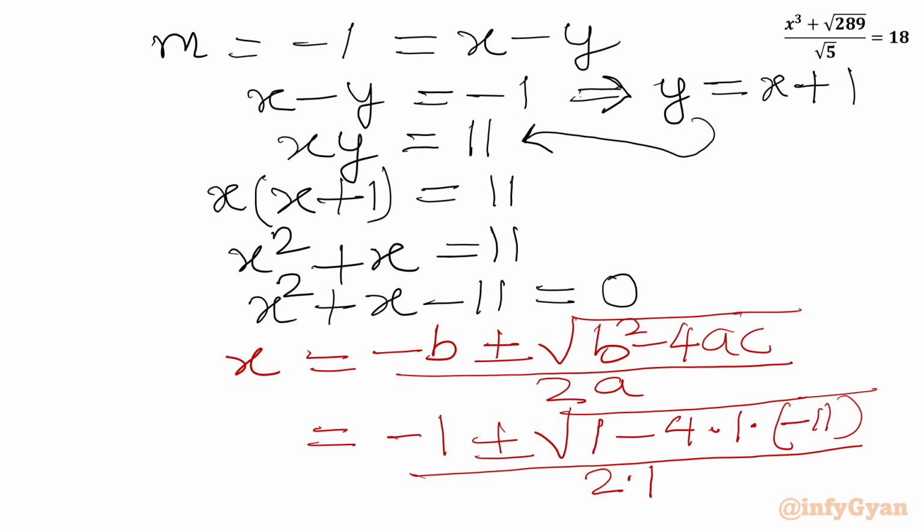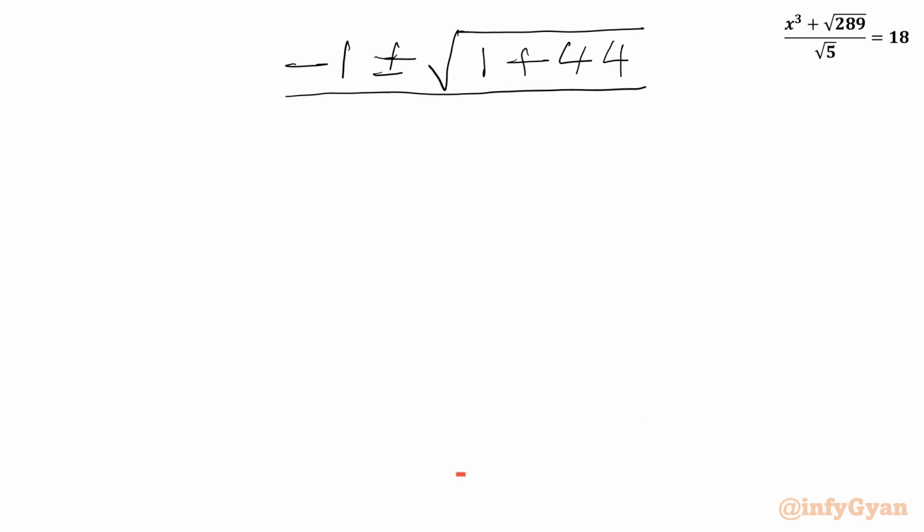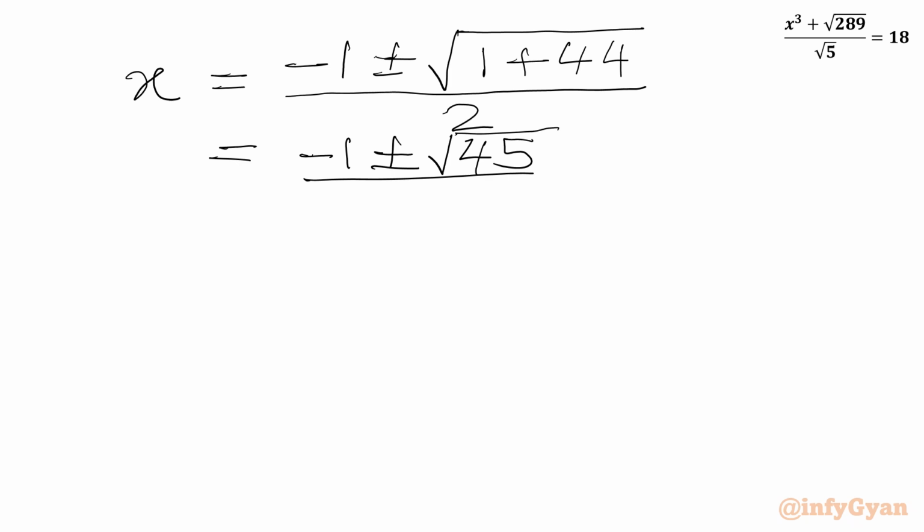So I can write the value of x as minus 1 plus minus square root of 1 plus 44 over 2. This is our x. Or we can write minus 1 plus minus square root of 45 over 2.